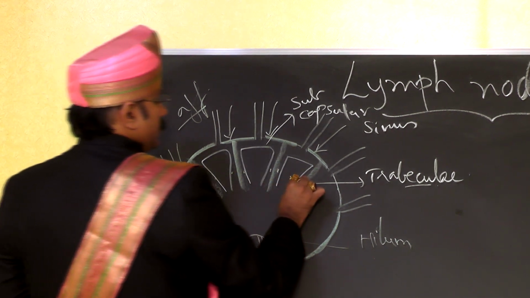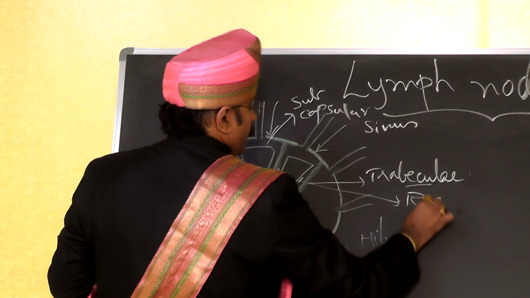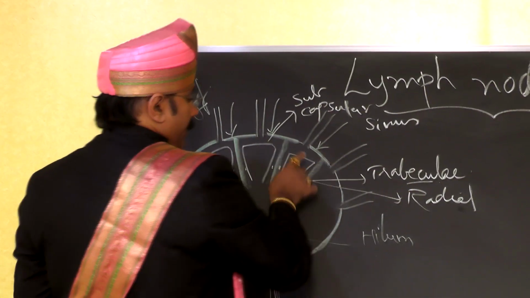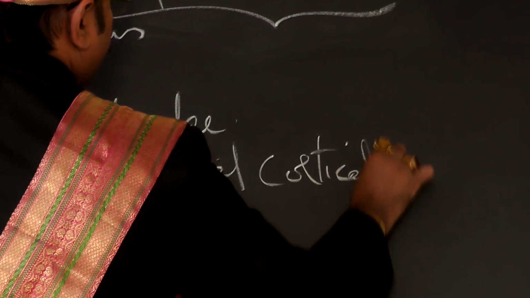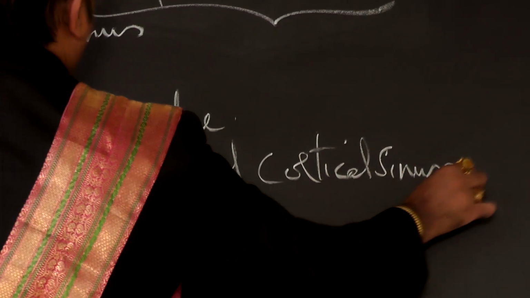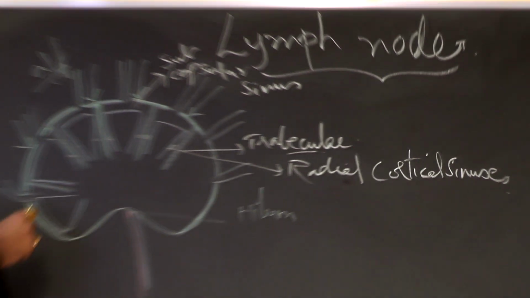Are you able to appreciate? Good. These are the radially arranged cortical sinuses which are in continuation with the subcapsular sinus.